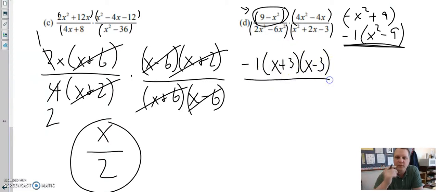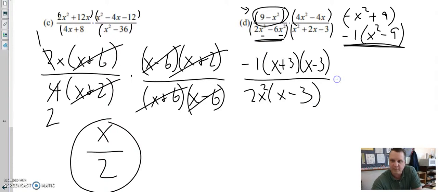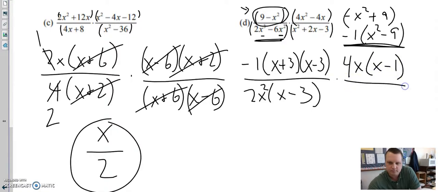Difference of 2 squares. The denominator, GCF, 2x. I am left with x minus 3. That's a 2x squared I took out because there's x cubed, x squared. So you're left with an x minus 3. Times another GCF. Take out a 4x, x minus 1.